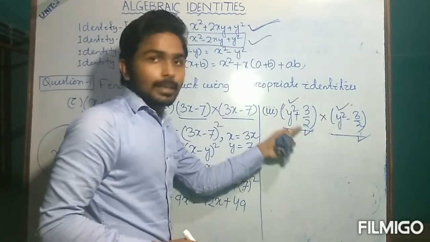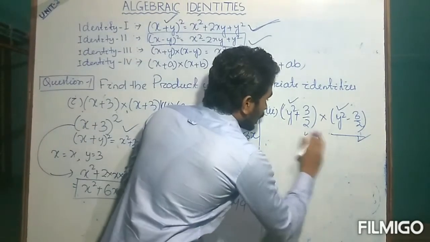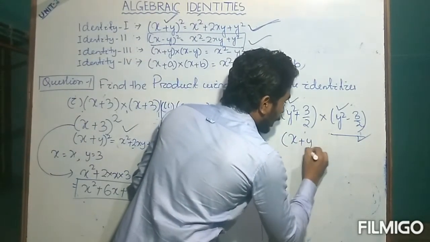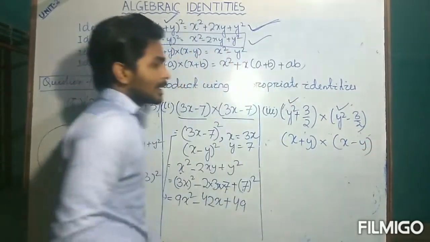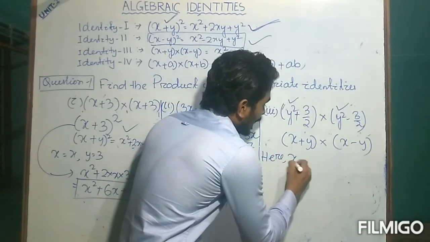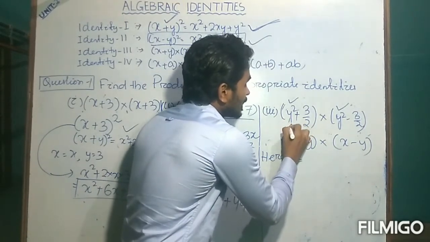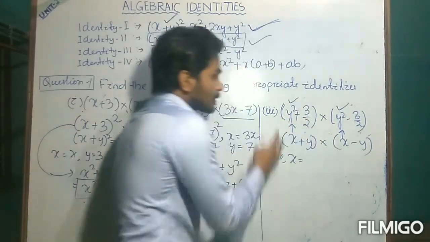That means this product resembles (x plus y) into (x minus y). So here what we have, you can write x is equal to how much? See here in the place of x, y square is written.